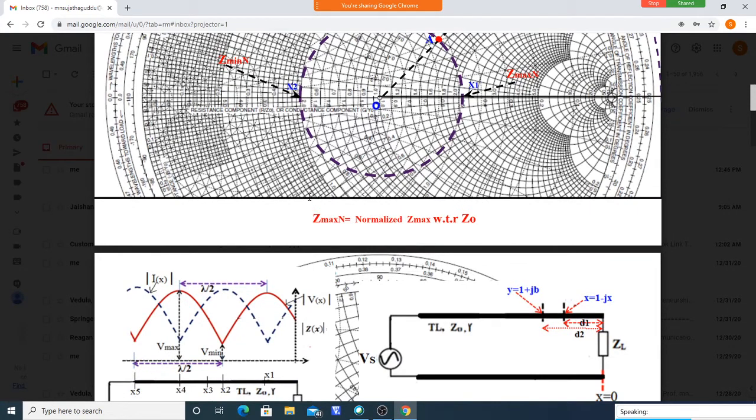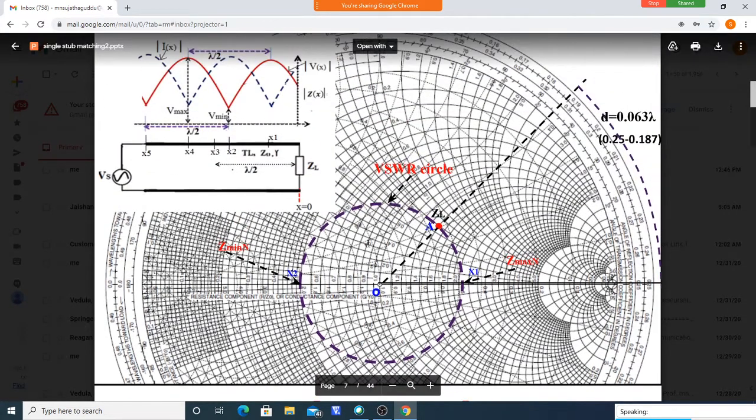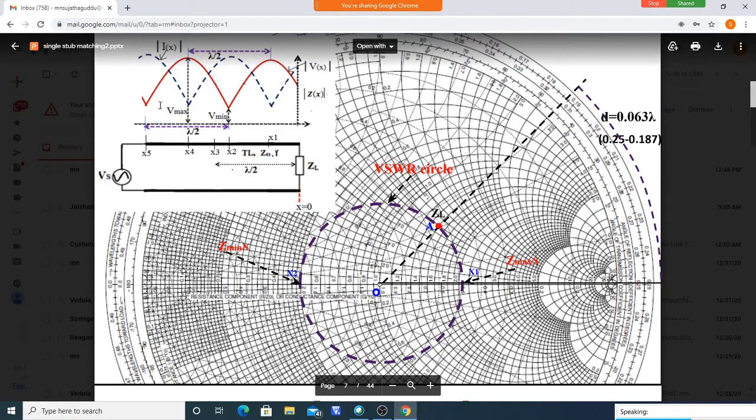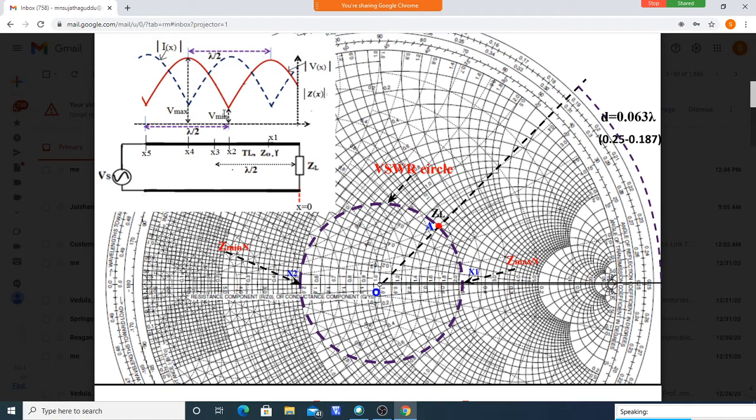Similarly, you got it now, how to measure the impedance here. You measure the impedance here, take that value of the R circle, and multiply it with Z naught, and you will get the impedance here. To measure the distance, you should do it like this. Similarly, if you move, the minima will be here.